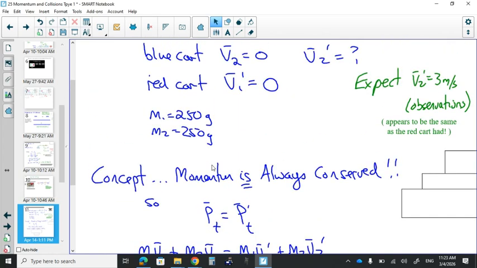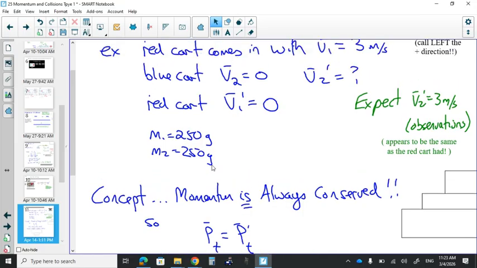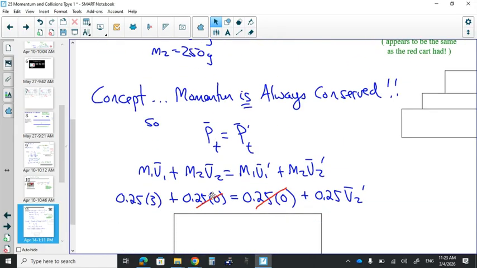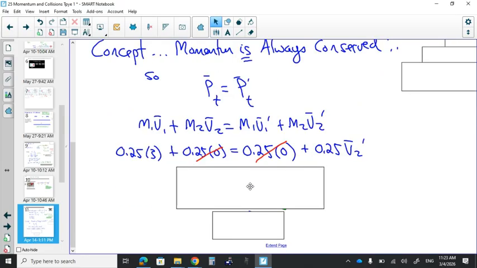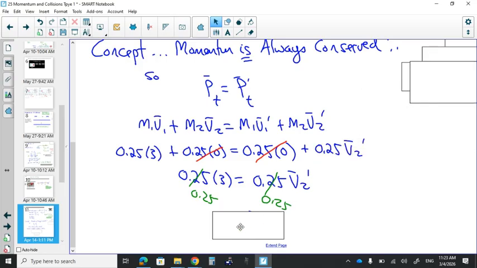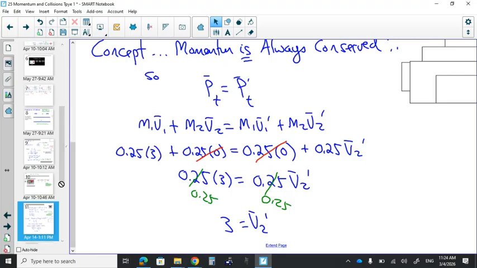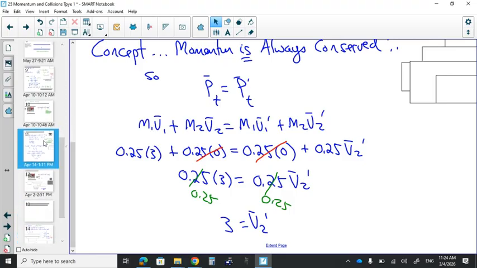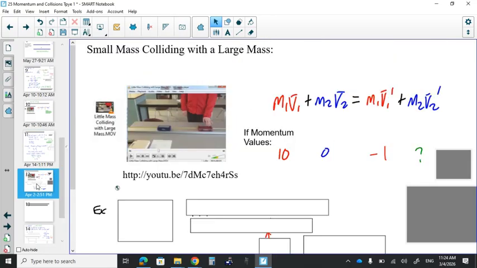Which one was that? That was the blue cart with 0 velocity. And then the red cart ends up with 0 velocity. You can see the math works out, where this gives us the final velocity that we predict mathematically would be 3 as well. So the conservation of momentum concept is agreeing with what we're seeing from the video.